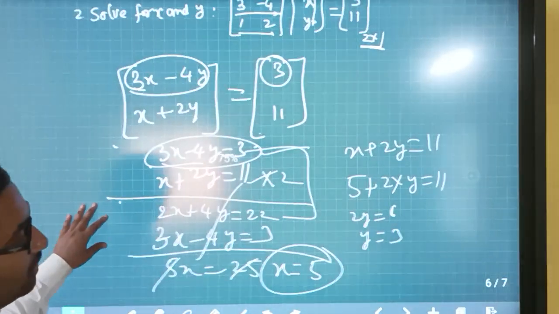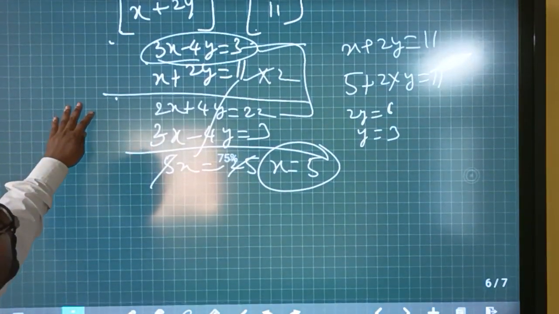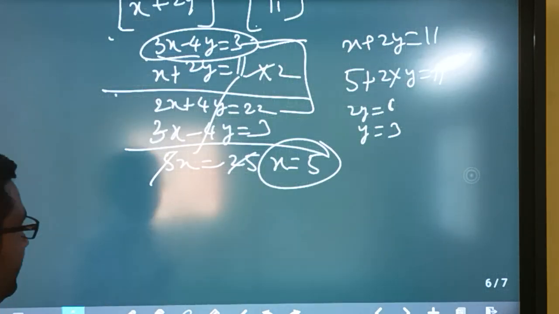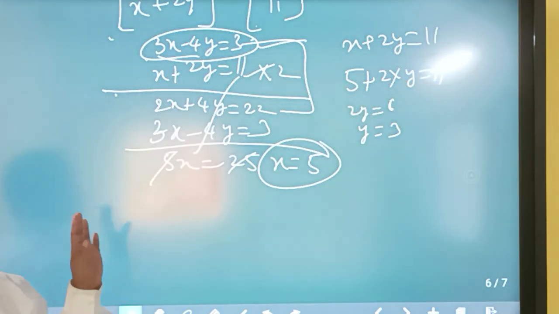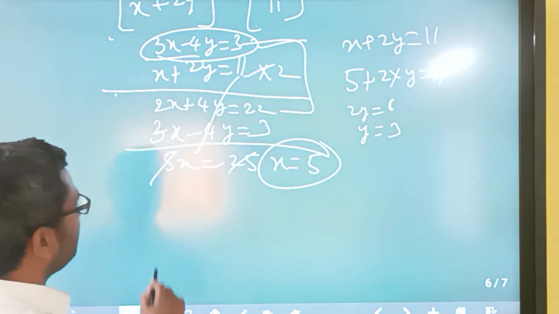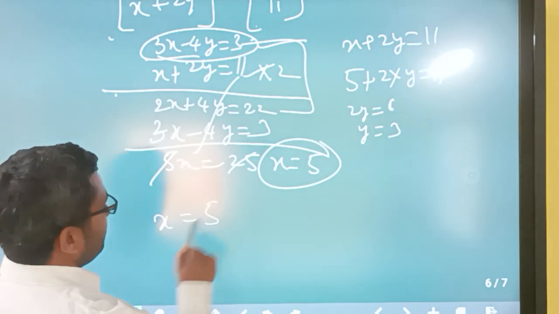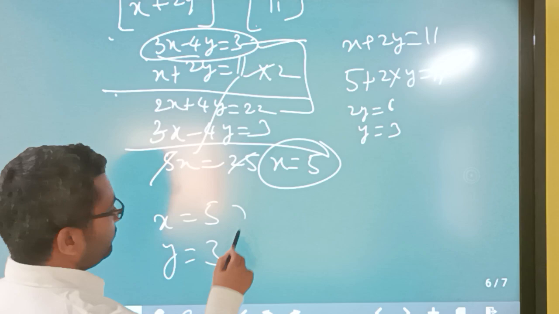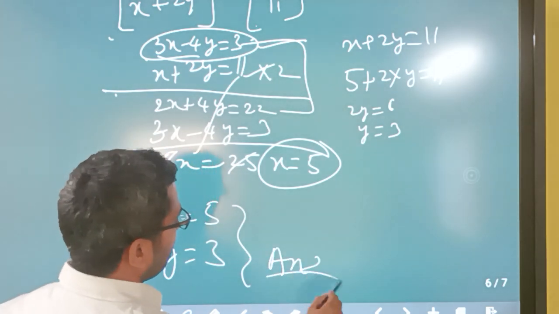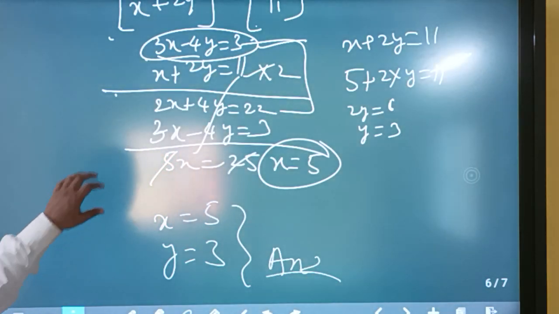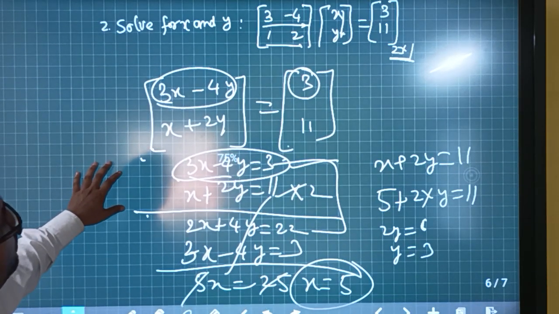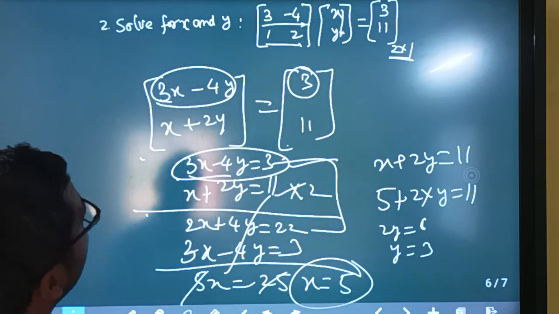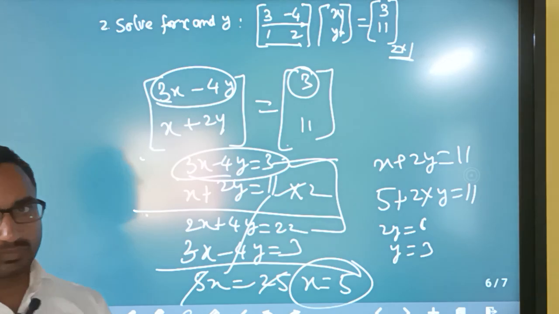So we have got the values of x and y using the multiplication of matrices and the equality of matrices; these two concepts are utilized here. So x equals 5 and y equals 3.